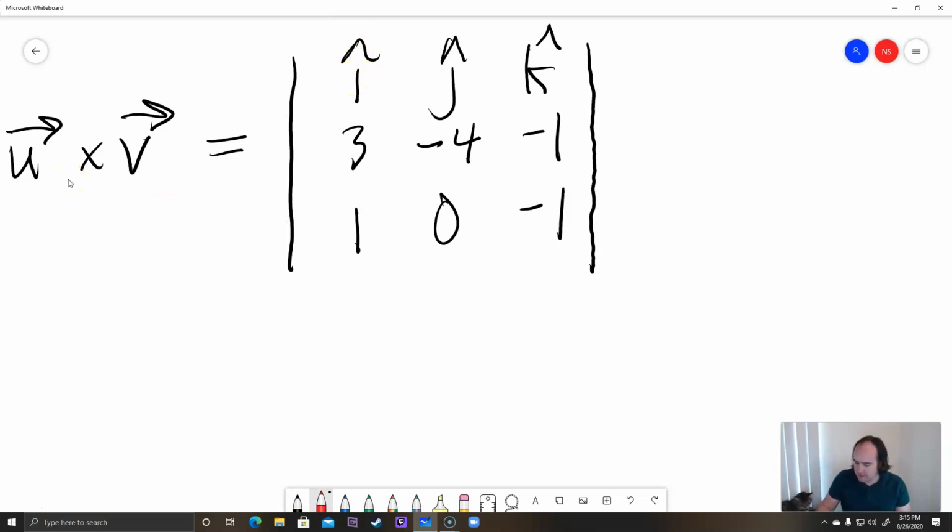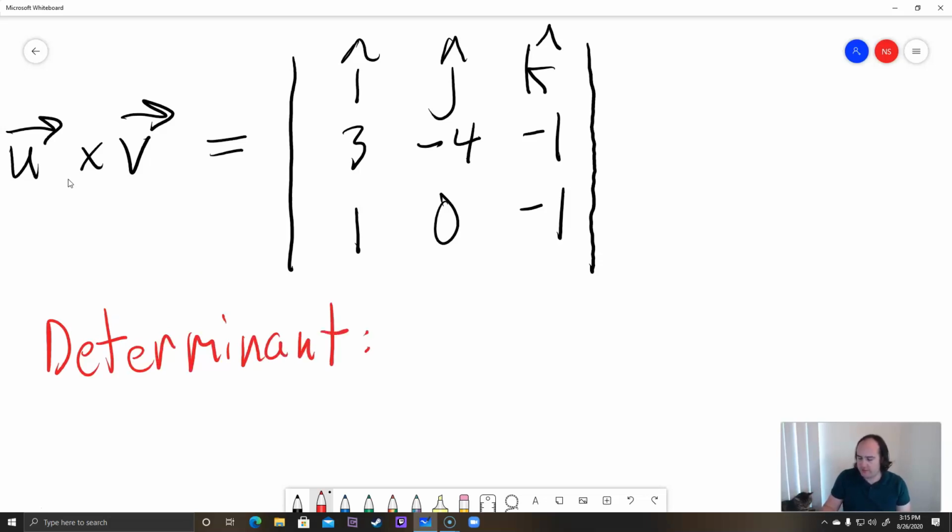To find the determinant, we start with vector i, and we cross out everything in that row and in that column, and then we multiply i times the determinant of this little 2x2 matrix right here.